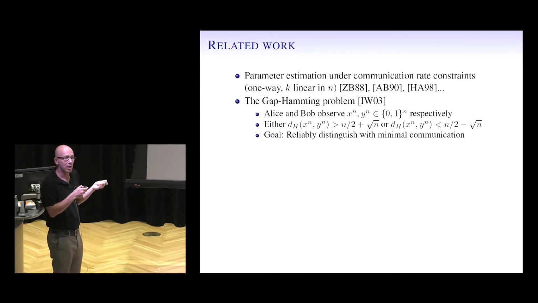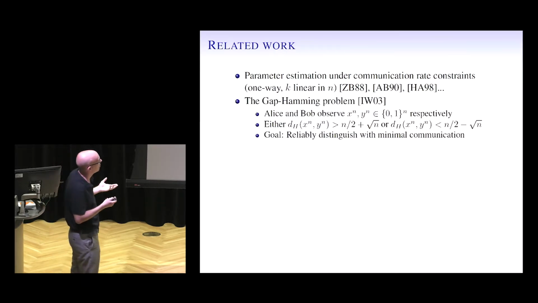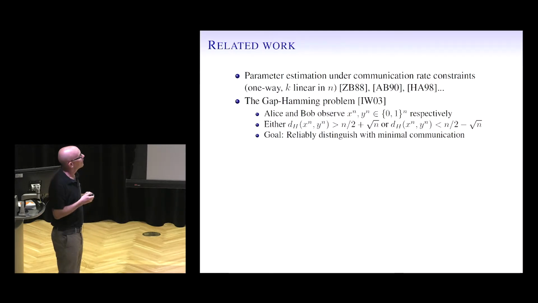The most closely related work, surprisingly for me at least, actually came from computer science. I have to thank Rotem Oshman for this, because I had never heard of it. There is this problem called the gap Hamming problem. It's a very central primitive in communication complexity, introduced by Indyk and Woodruff in '03.